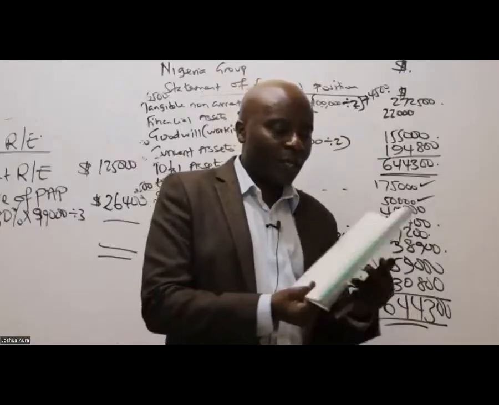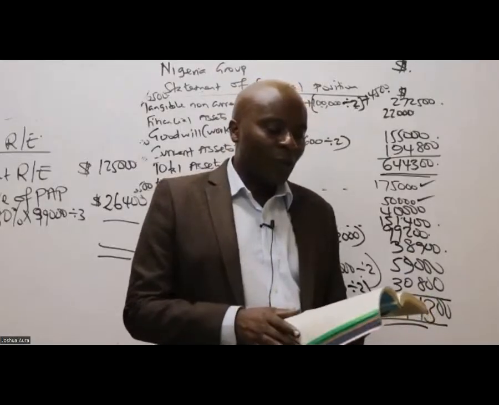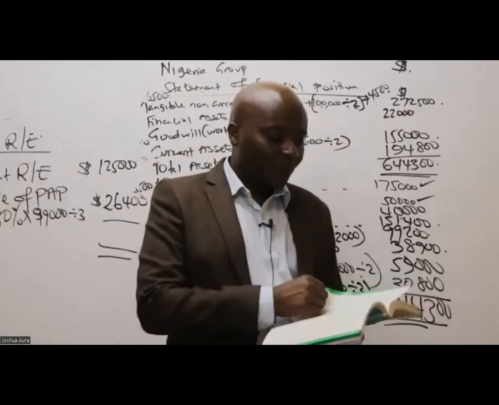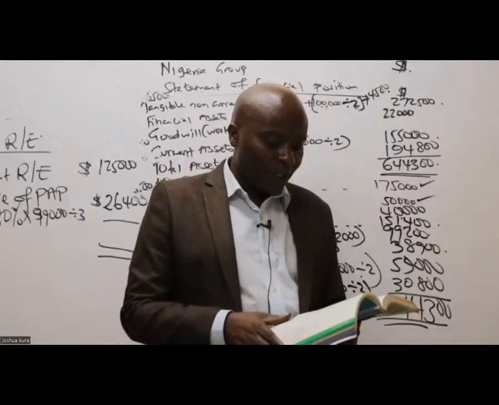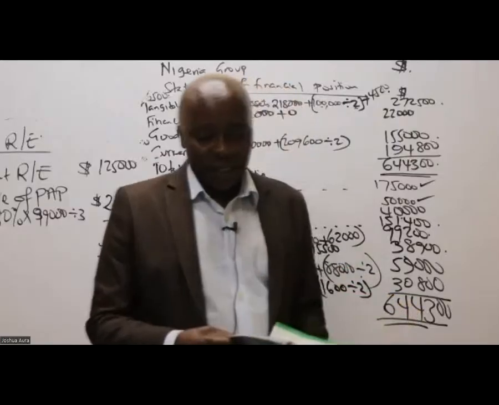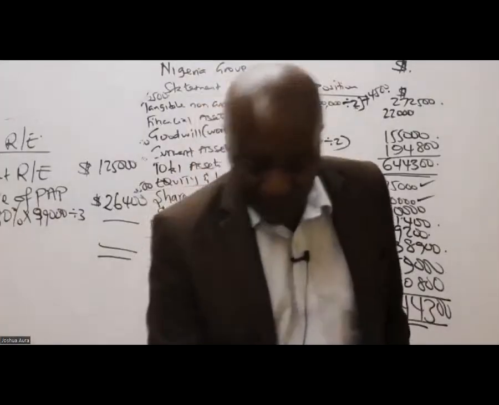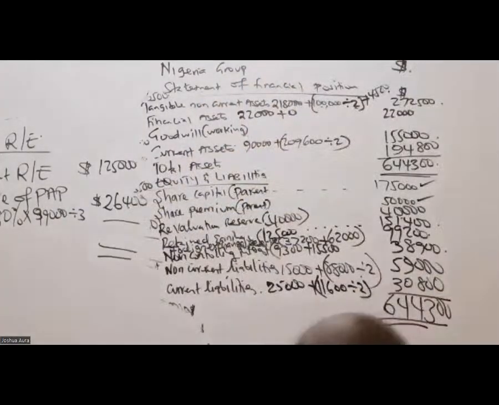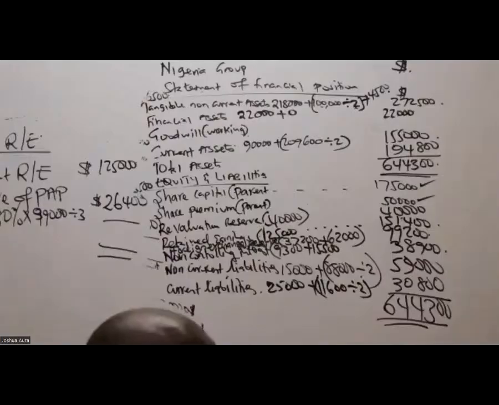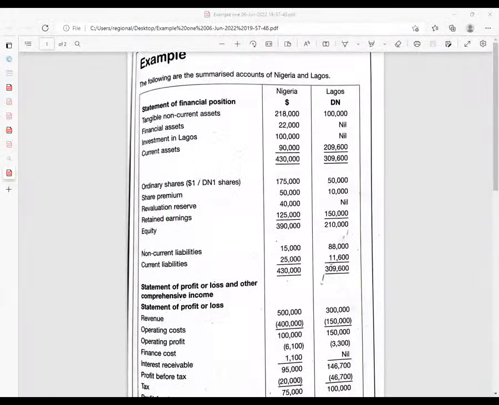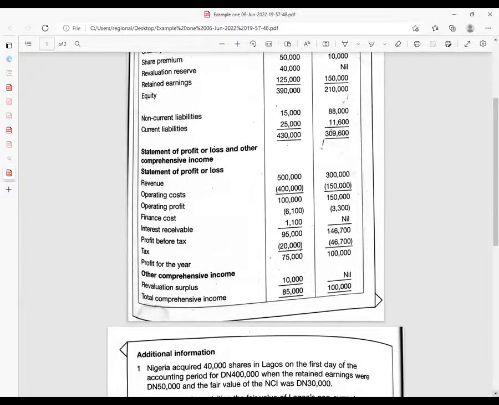Now, ladies and gentlemen, given this little time left, we need to go ahead and capture the income statement. The income statement, very easy. This is the easiest, the consolidated income statement. We are told they have given us a statement of profit and other comprehensive income.